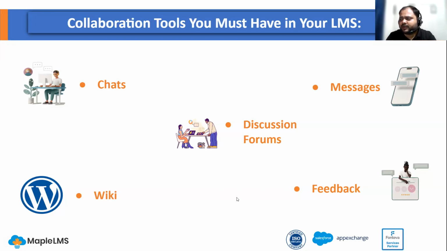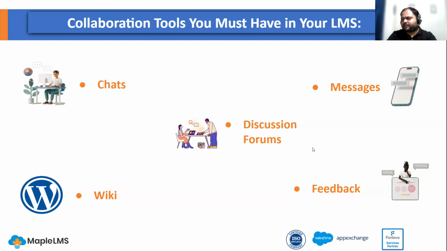And then lastly, feedback. Now there are multiple ways to get feedback, but when we talk about a social learning experience, you can probably have a way to get an overall feedback from all participants. So maybe all on the same page, or simply using some survey tools inside your LMS to get feedback from your participants.